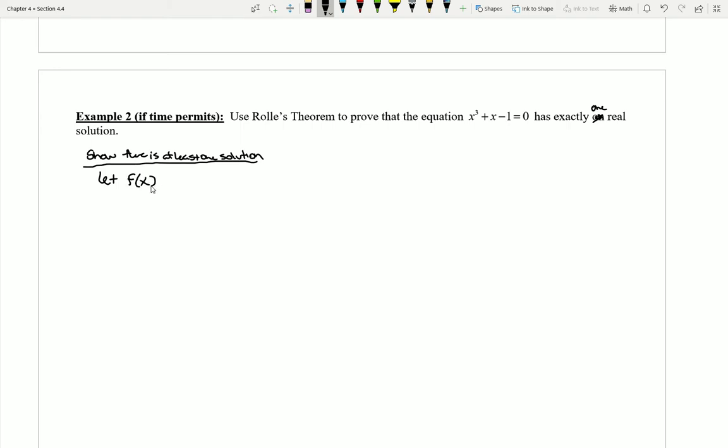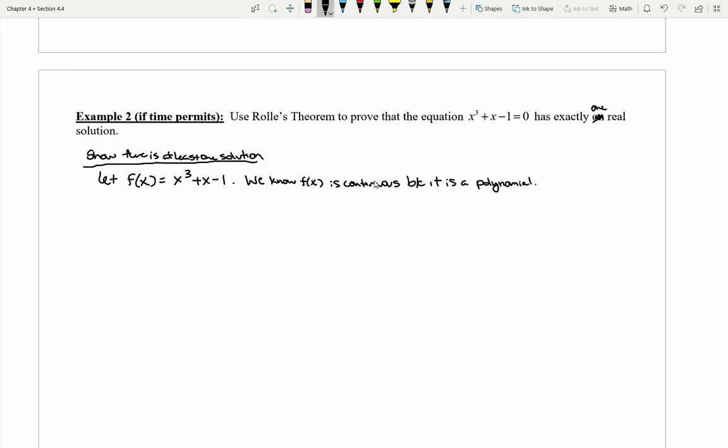Let's take a look at what I'm going to do. I'm going to create a function f of x equals x to the third power plus x minus 1. And right now I'm curious if this function can ever hit the y value of 0. Well, we know that f of x is continuous everywhere because it is a polynomial.